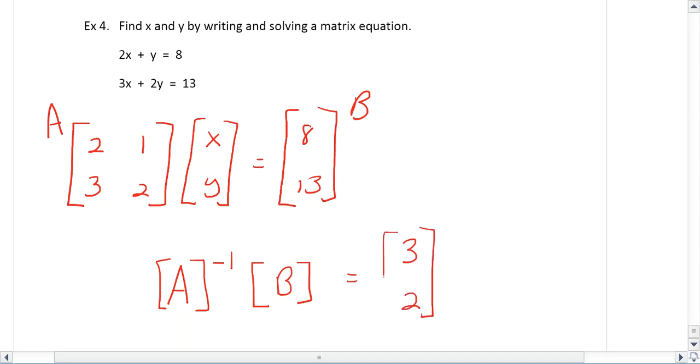And how you interpret this answer then, x is equal to 3 and y is equal to 2.